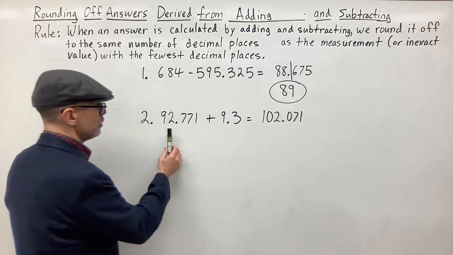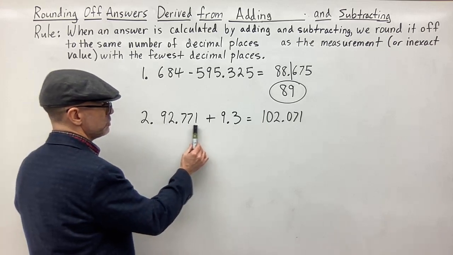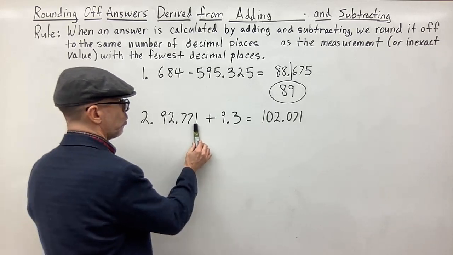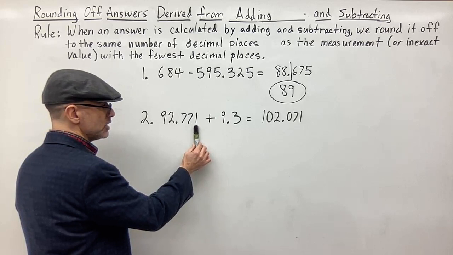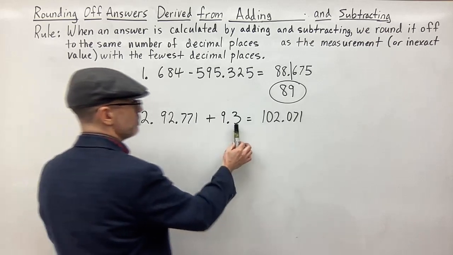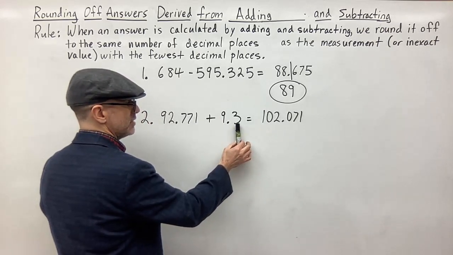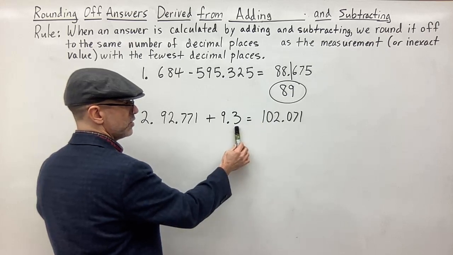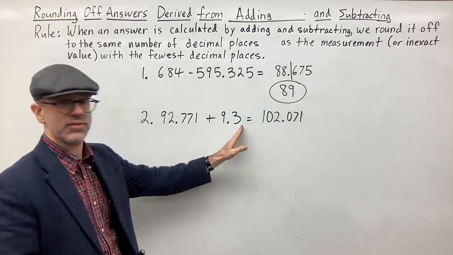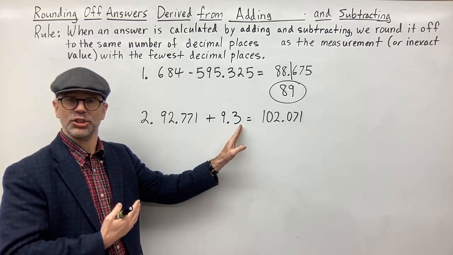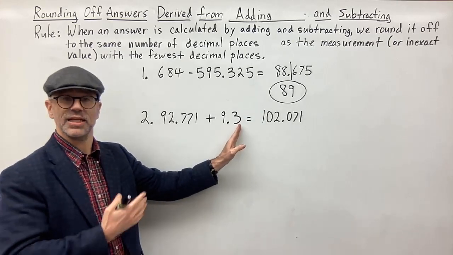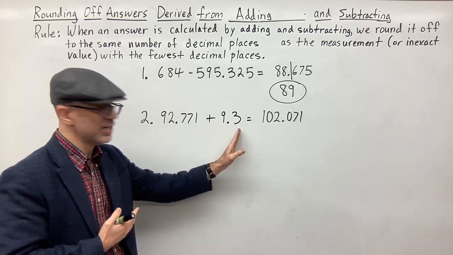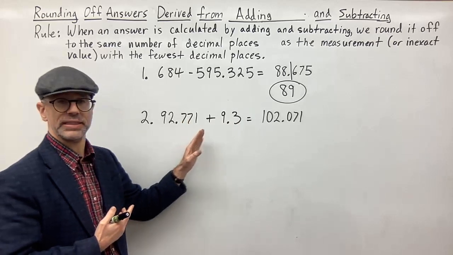Here you can see that this measurement's precision ends with the 1 in the thousandths place. Here the precision ends with the last digit in the tenths place. So the tenths is a less precise measure. It's got 1 decimal place here, and I've got 3 decimal places here.